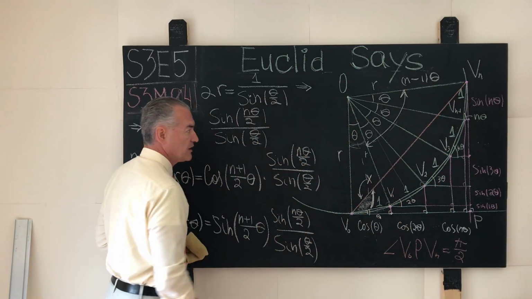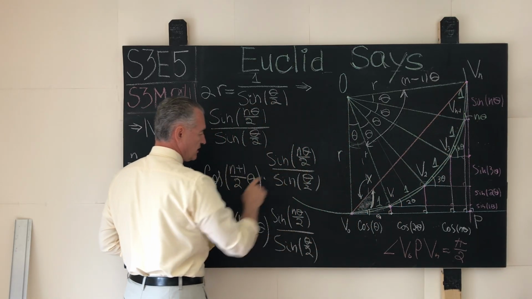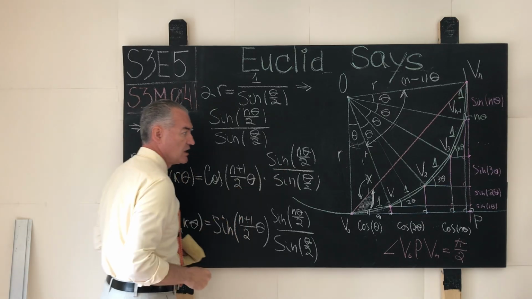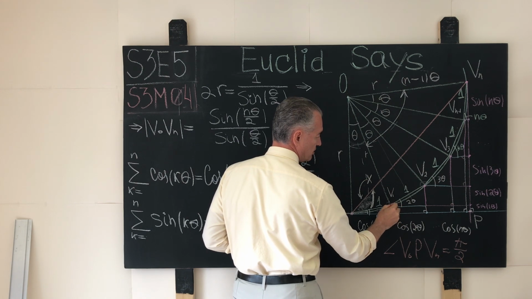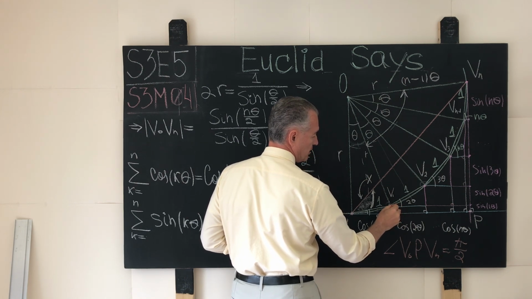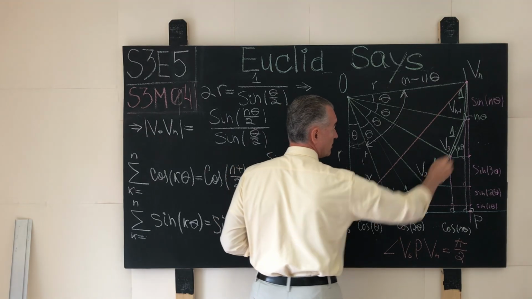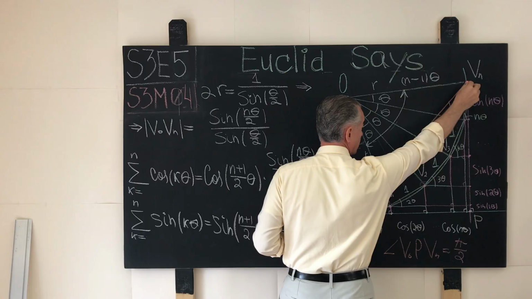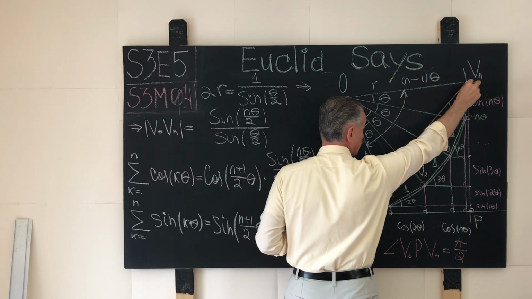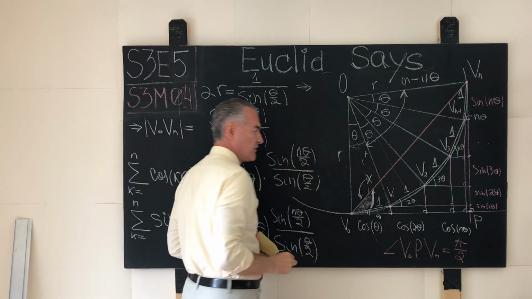This is 1 half from here, and the halves over here come from the fact that when we computed the angle subtended by the arc V1 Vn, this one, and the length of the arc from Vn to V0.